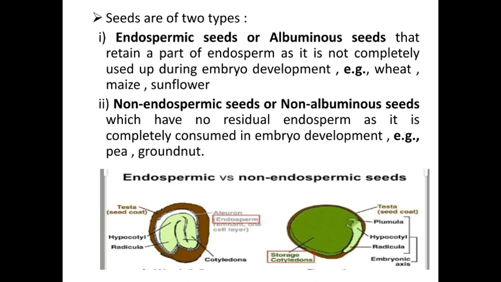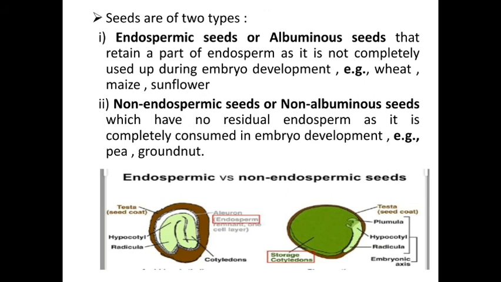Whereas in non-endospermic seeds or non-albuminous seeds, there is no endosperm. Why? Because this endosperm is completely consumed during embryo development, and examples are pea and groundnut.